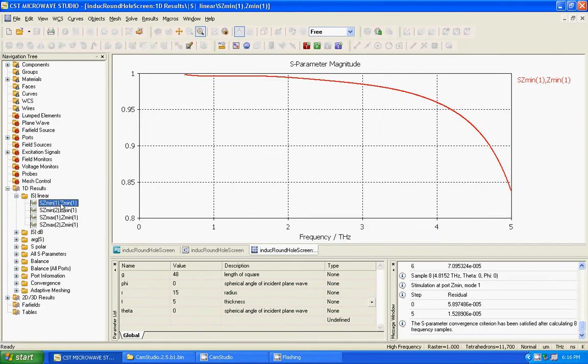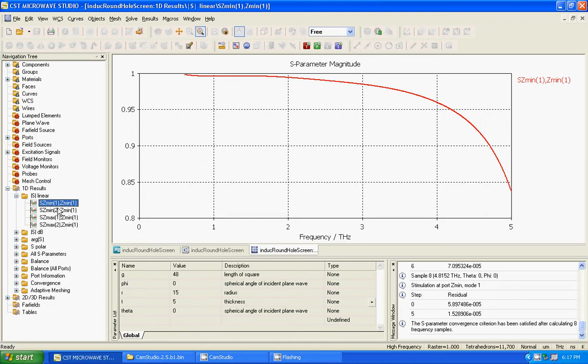Whereas if you ran it in TM, transverse magnetic, then you're going to be looking for 2, 2. It's not here because we didn't run it in that mode yet, but it'd be 2, 2. It's 1, 1.